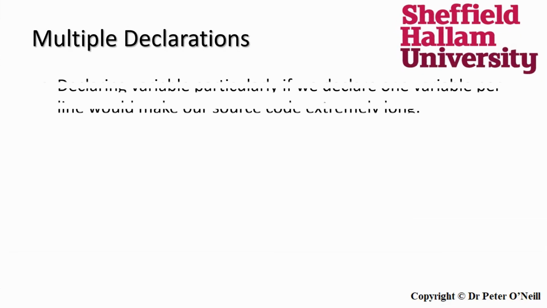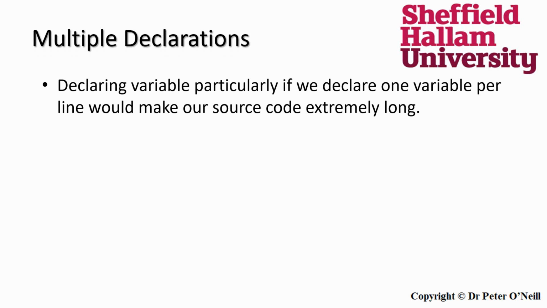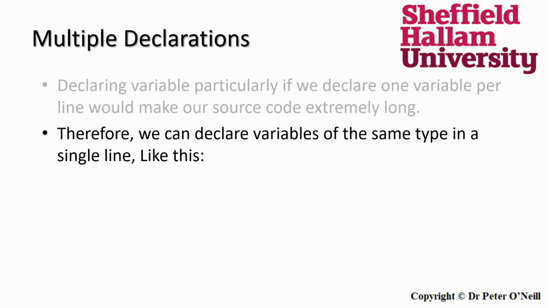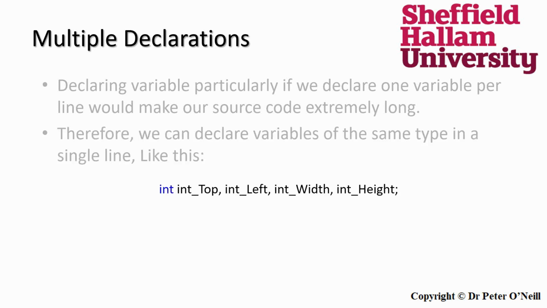Multiple declarations. Declaring variables, particularly if we had to declare a single variable per line, would make our source code extremely long. Therefore, we can declare variables of the same type on a single line, just like this: int underscore top, comma, int underscore left, comma, int underscore width, comma, int underscore height, semicolon.